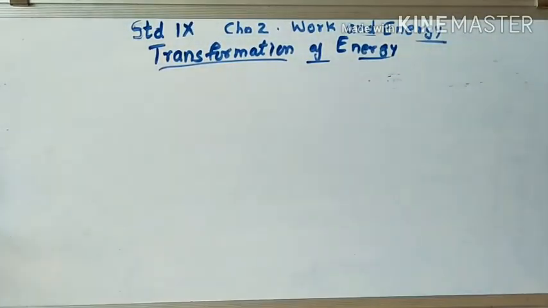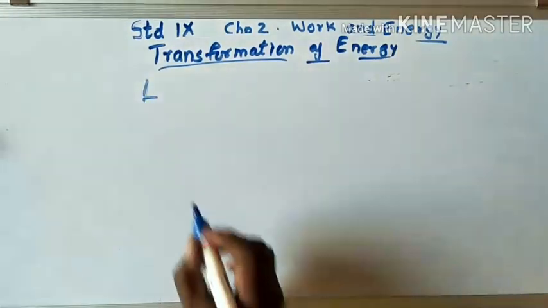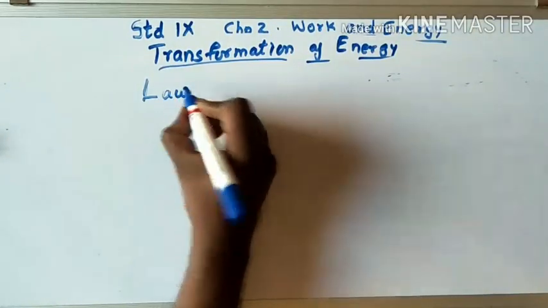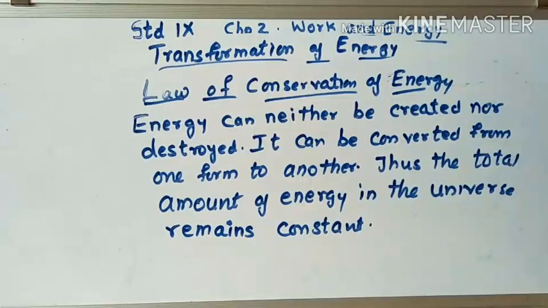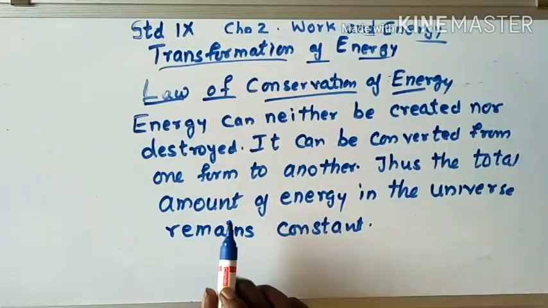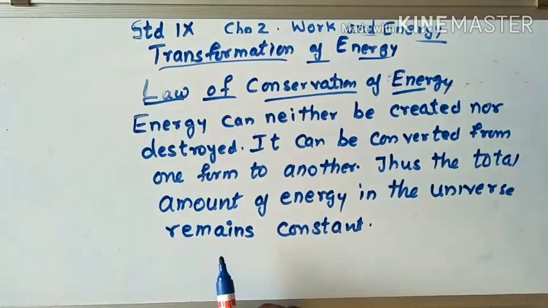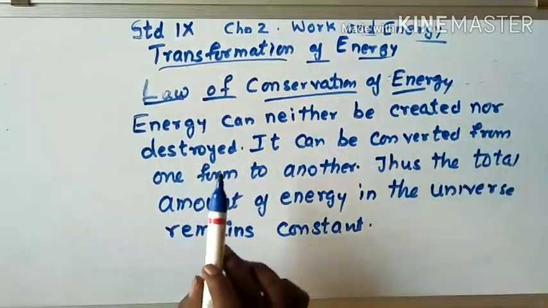So there is one law: the law of conservation of energy. Now tell me, can you destroy any energy? Can you create energy? Energy can neither be created nor destroyed.